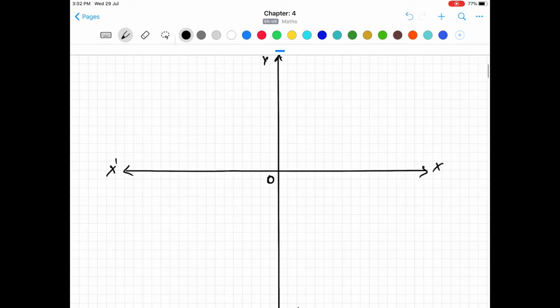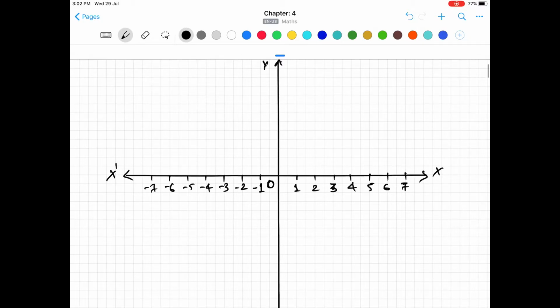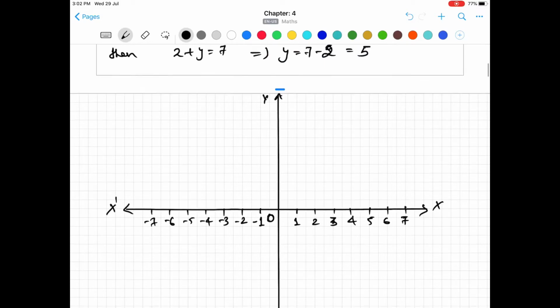Then we will mark the points at equal distances. So we have 1, 2, 3, 4, 5, 6 and 7, and this arrow represents that the line goes further. On the left hand side we have -1, -2, -3, -4, -5, -6 and -7. So on the right hand side we have positive values of x, and on the left hand side negative values of x.